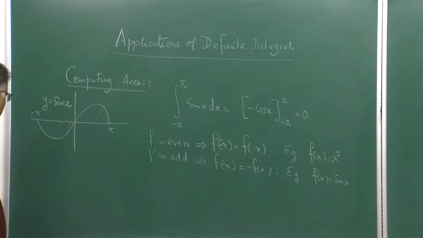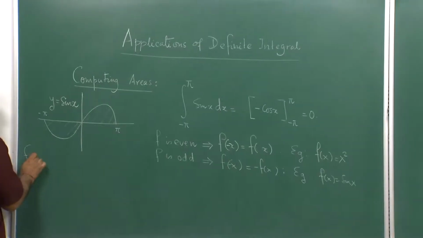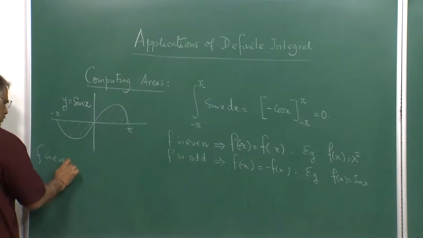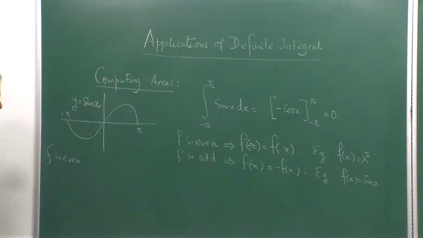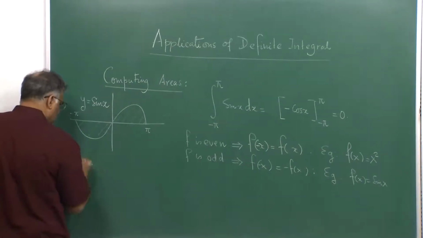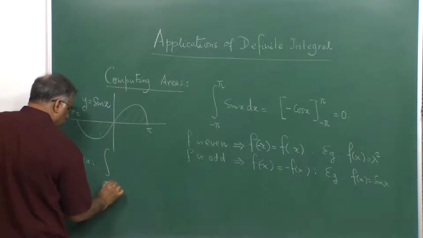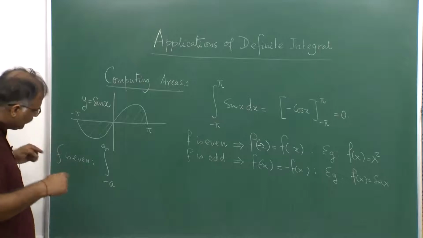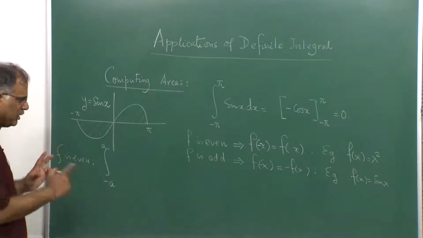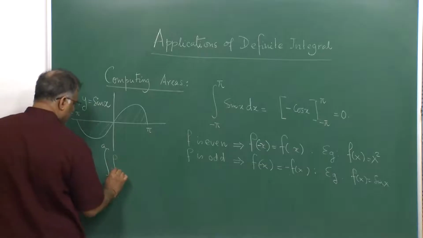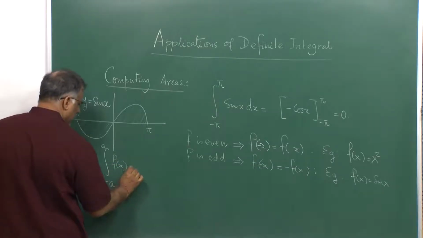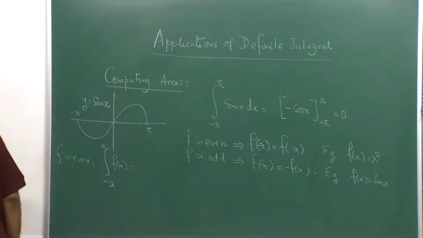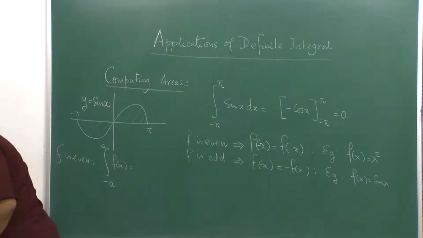For an even function, it is very important for you to know at the very outset that if my range of integration is symmetric, that is minus a to plus a, with 0 in between, then once it is even, this is nothing but twice of the integral from 0 to a.